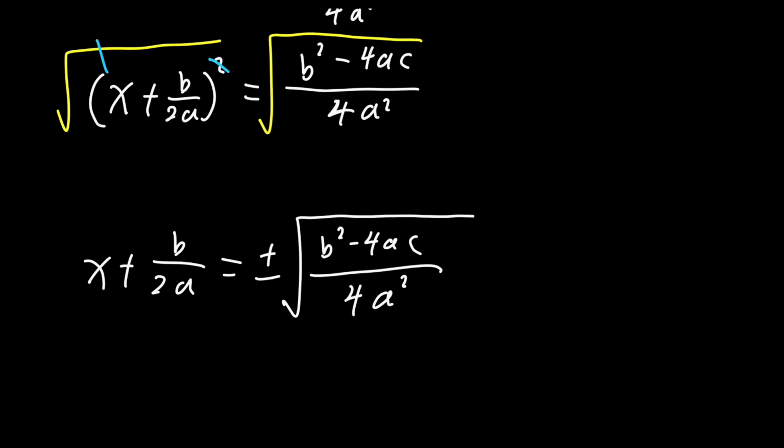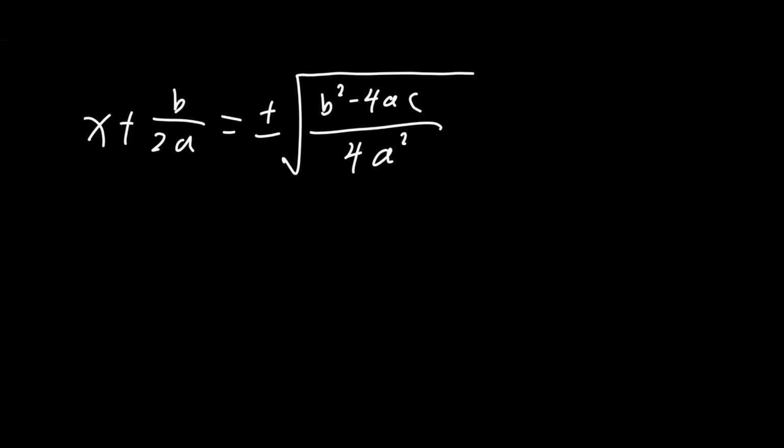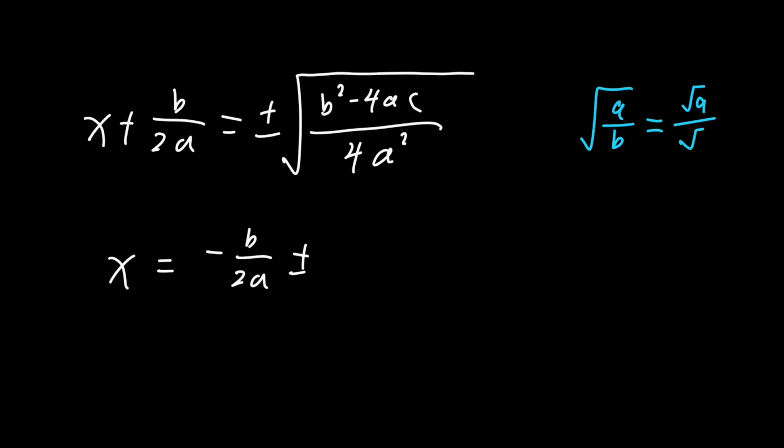And then solve for x by subtracting b over 2a on both sides. It's going to be negative b over 2a plus or minus. Just want to remind you, the square root of a over b is the same as the square root of a over the square root of b.